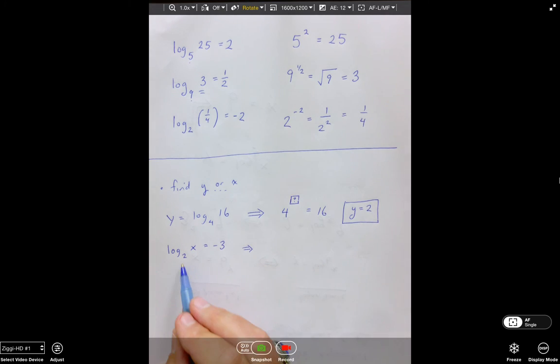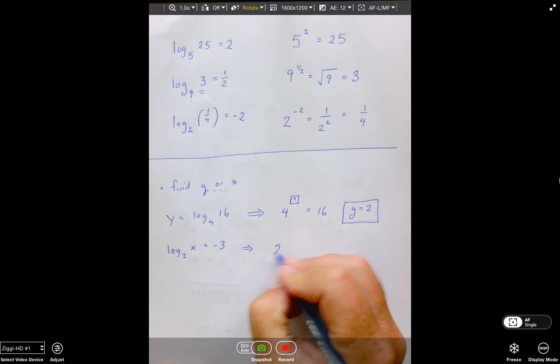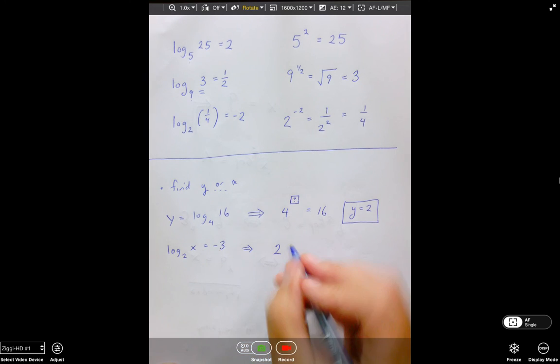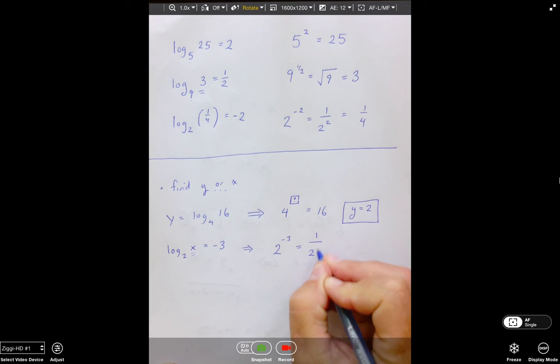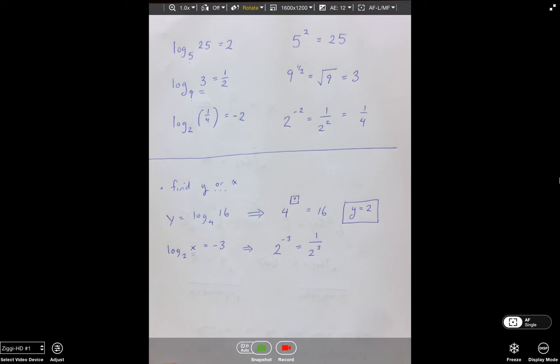It's telling us that our base raised to that power has to be the value we're looking for. Well, 2 raised to the -3 power is the same thing as 1 over 2 raised to the positive power. So guys, our answer here would be 1/8.